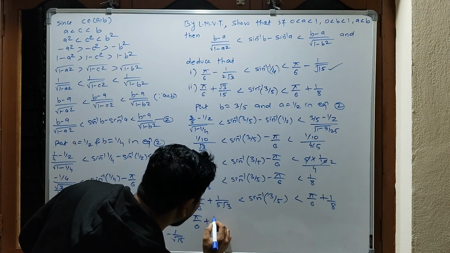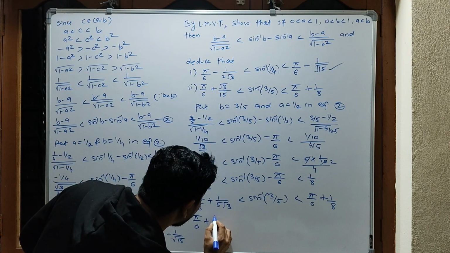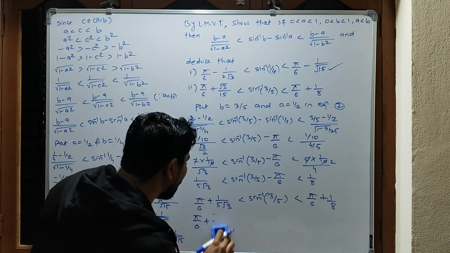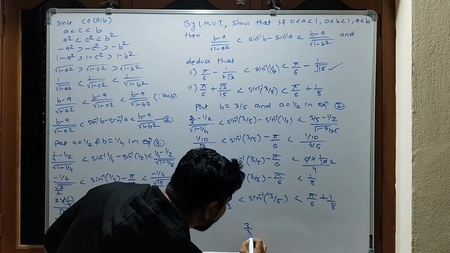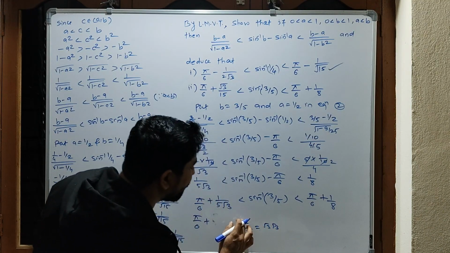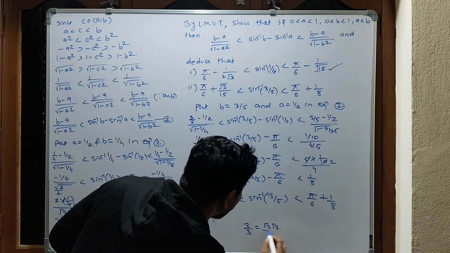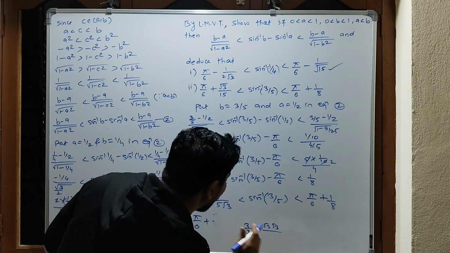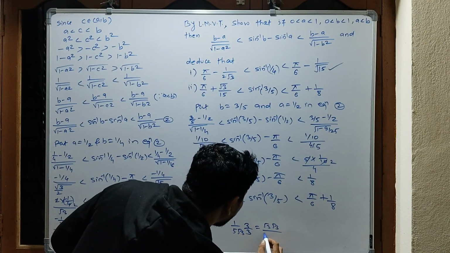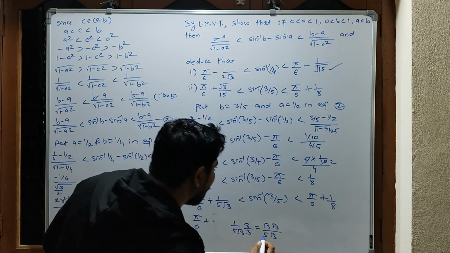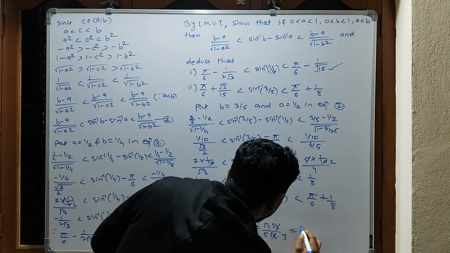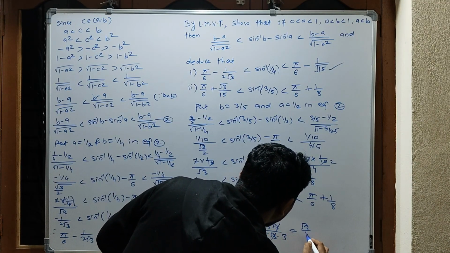Here 3 can be written as root 3 into root 3, so the numerator is root 3 and the denominator is 5 root 3 into root 3, so the root 3 gets cancelled, giving root 3 divided by 15.